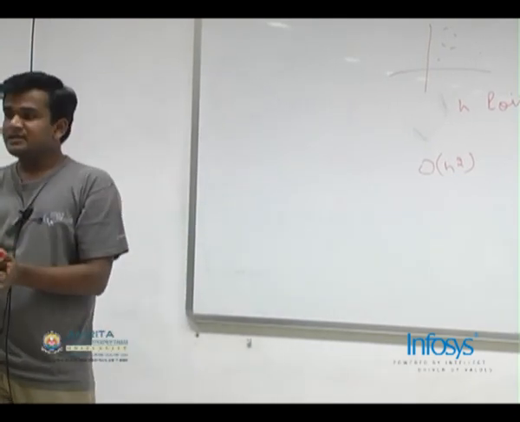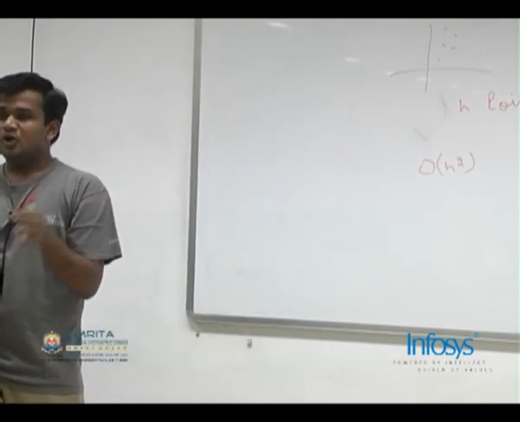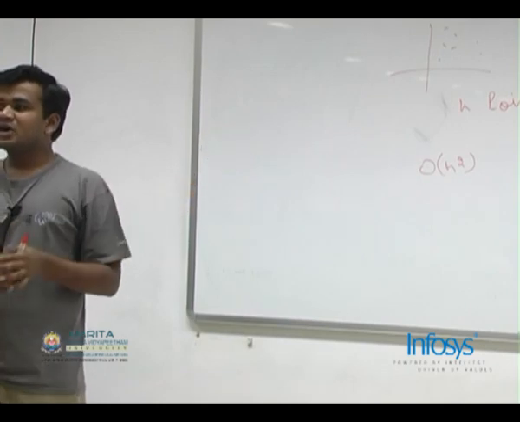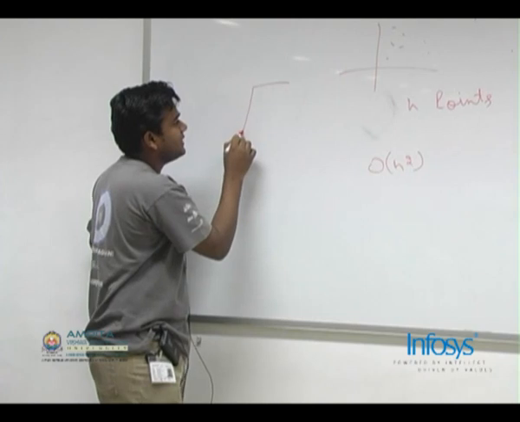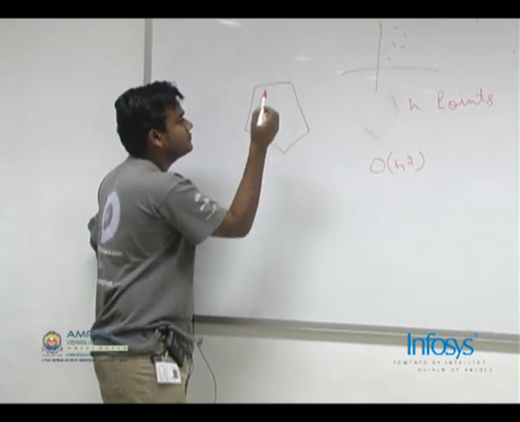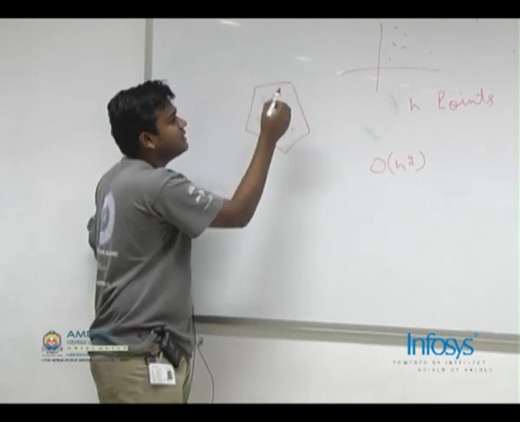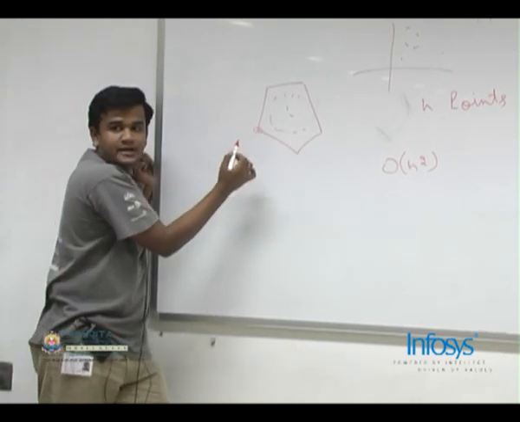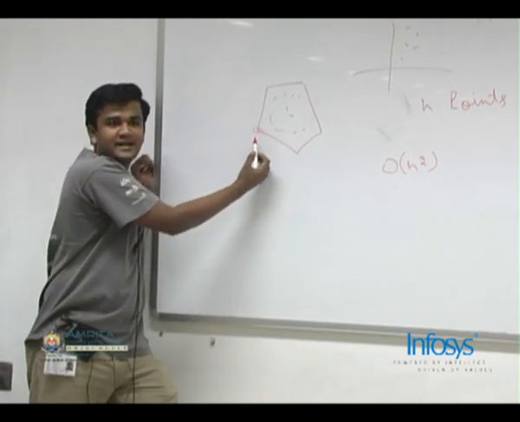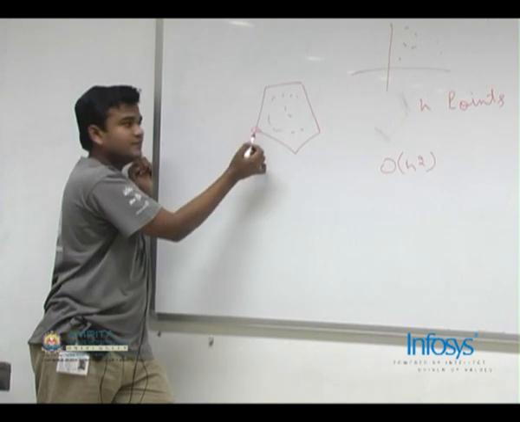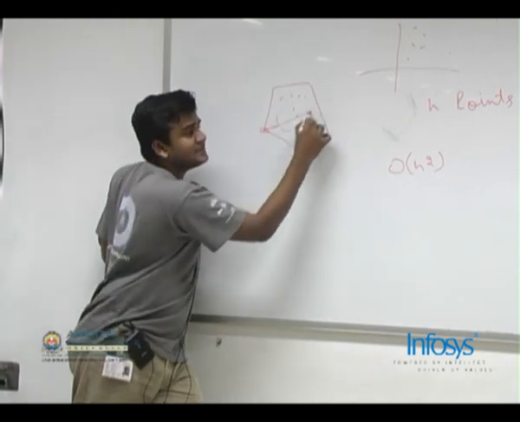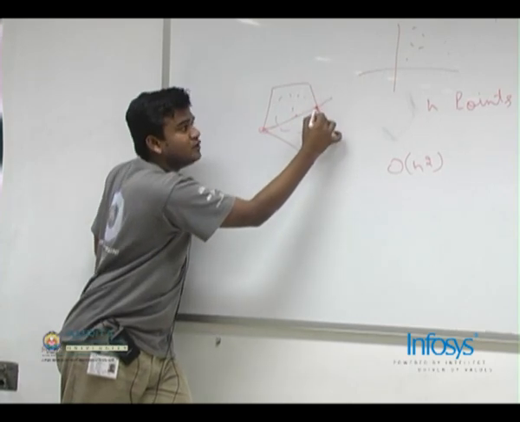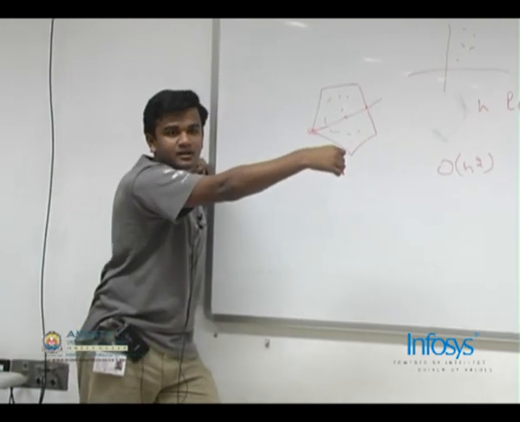So the claim here is both the points of this pair will lie on the convex hull. So let's try to draw, like if we have a convex hull, points are there inside. Now suppose you want to take this one point and you want to find the farthest point to this point. If you connect any of this, if you extend this line, it's going to intersect with one of the segments on the hull.